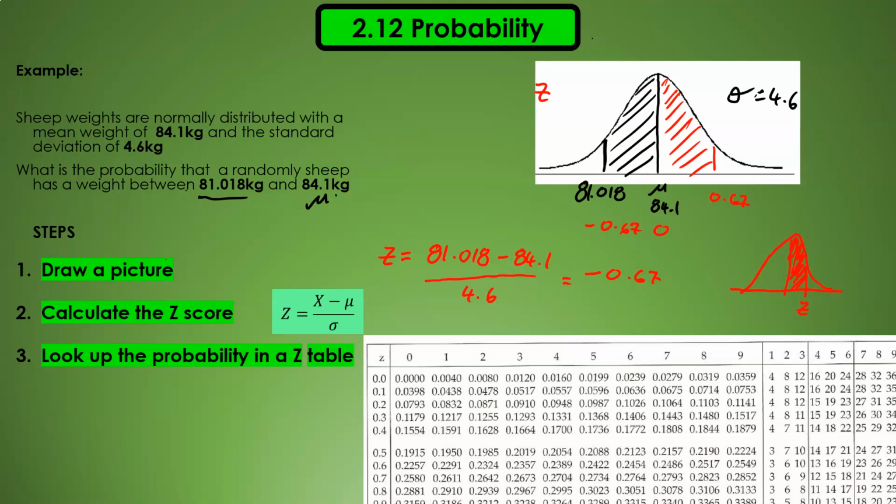So what that means is that we have to find 0.67. If we take a look here, we've got 0.6, 0.7, which takes us across to this value here, which means that this area, so the chart says this area is equal to 0.2486. So it means that this area, if it's symmetrical, is 0.2486.